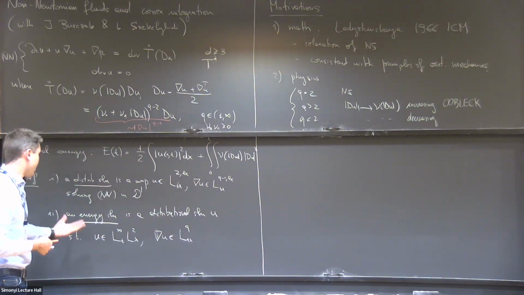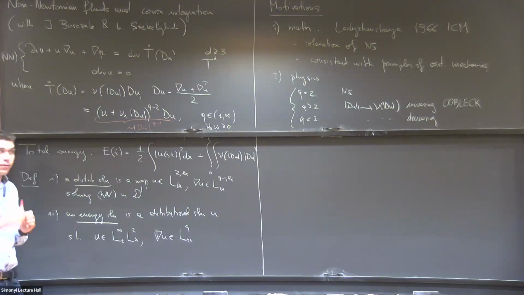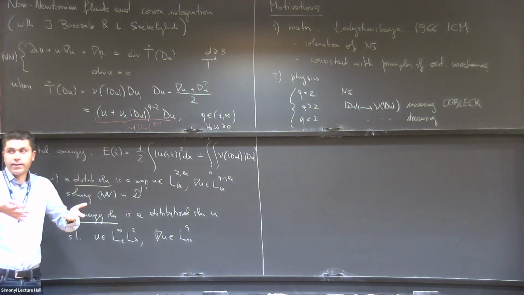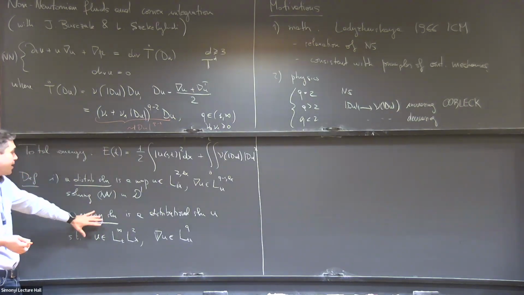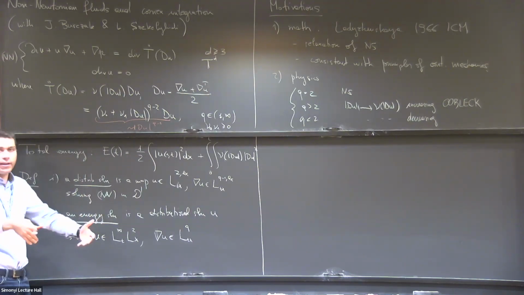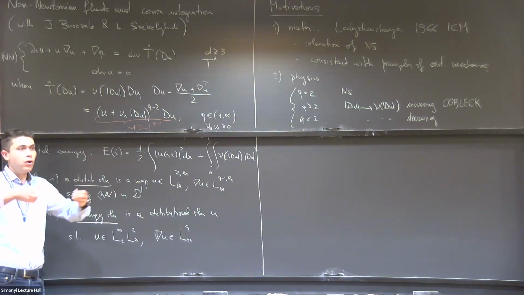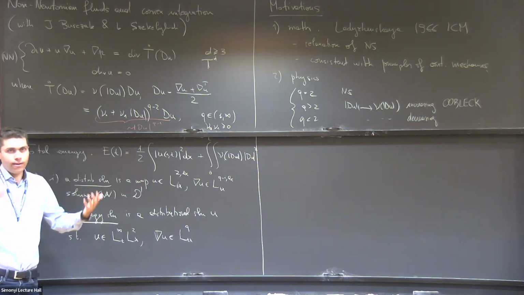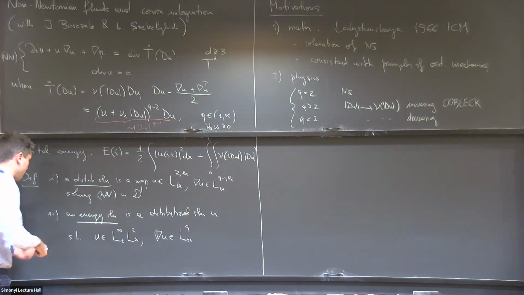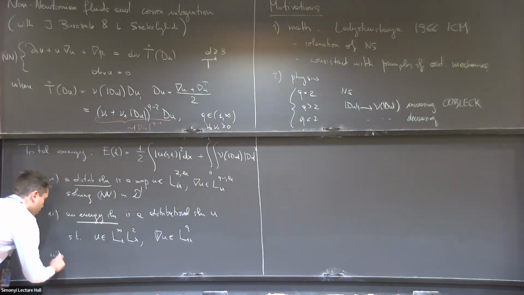Okay, and then the last notion of solution I introduced, so we upgrade it a little bit more. So this is just a distributional solution inside the energy class, and now we can look for Ladyzhenskaya solutions as for Navier-Stokes. So this is the third notion.